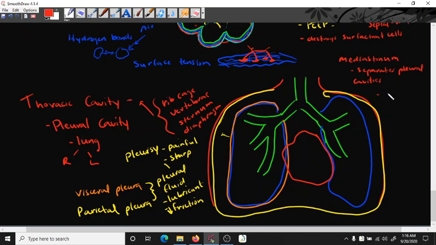It also contains the major pulmonary vessels, actually pulmonary and cardiac vessels. So this would be like your pulmonary artery, right, or your aorta.